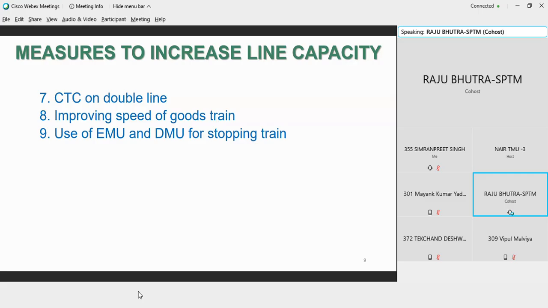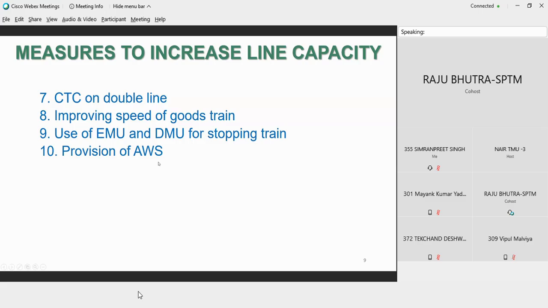So acceleration, deceleration time will reduce, and that will improve our block operation time. Because block operation time depends on the time a train takes to achieve its maximum permissible speed. That will add to the block operation time after departure, and it will increase the capital T also, because if the deceleration or acceleration is slow, the train will take more time.